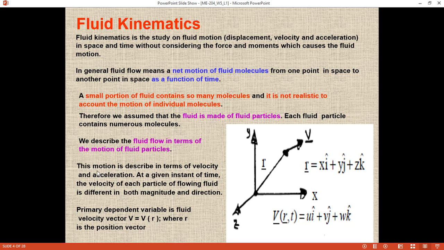This motion is described in terms of velocity and acceleration. At a given instant of time, the velocity of each particle of flowing fluid is different in both magnitude and direction. This is a very important point to know.